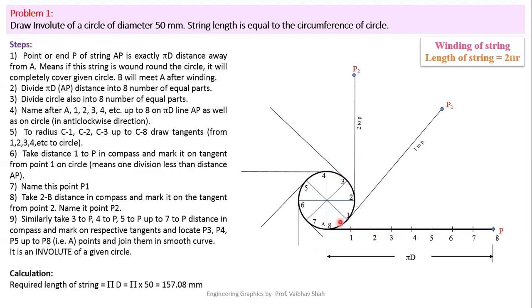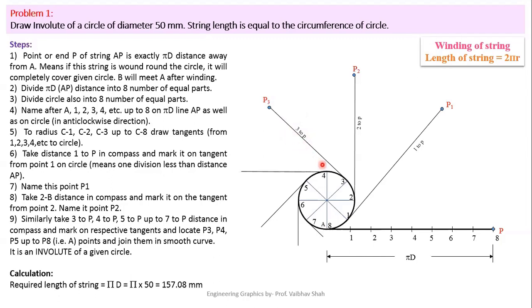So the remaining string length would be point 3 till point P. So now for this step, take out your rounder once again, put your rounder at point number 3, take the distance from 3 to point P. Now put your rounder on the point 3 on this circle and try to cut this line. You will be having this point P3, which is the distance from point 3 to P.